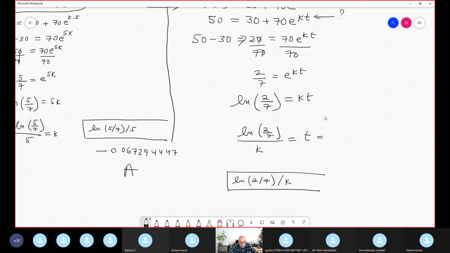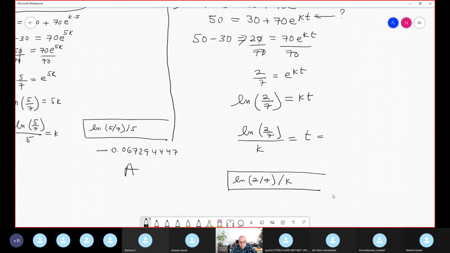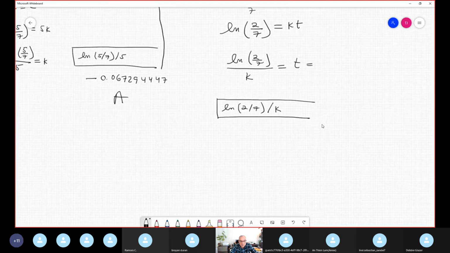So the natural logarithm of 2 over 7 divided by, in our memory, is A. Memory bar, select A, boom, I get the answer. Help me. What is the answer you get? Nobody?